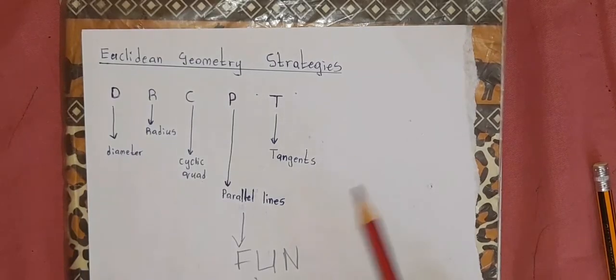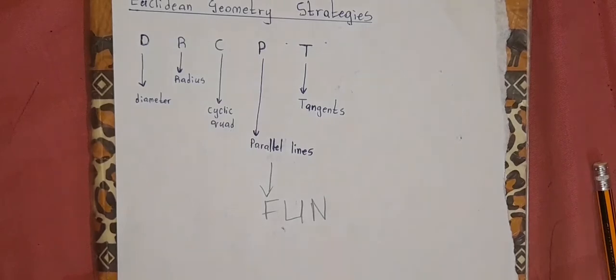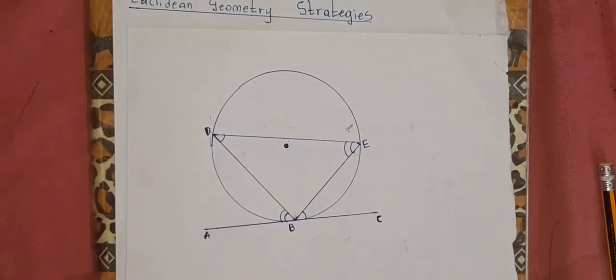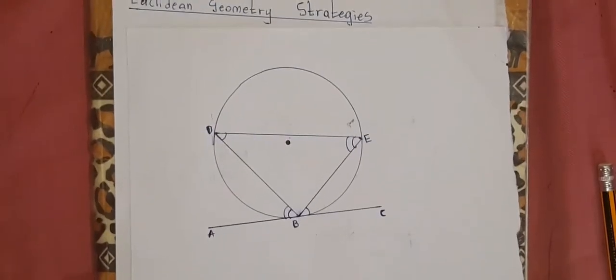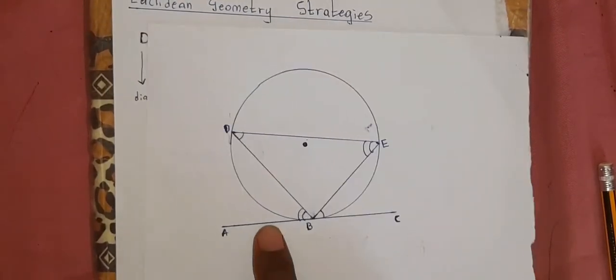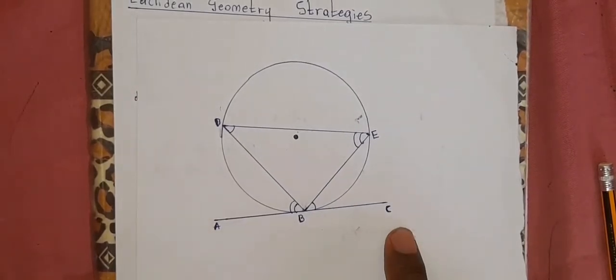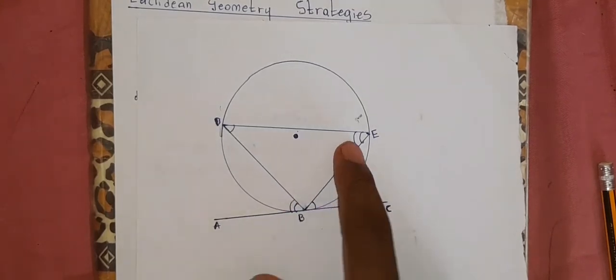We have two theorems involving tangents. We have this here, and this here. We know that if this line here, ABC, is a tangent, then this angle here equals this angle here.